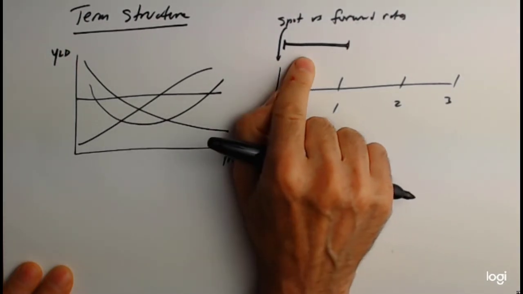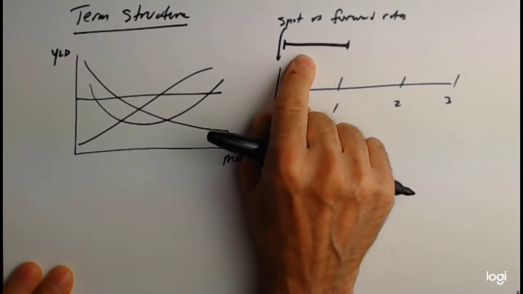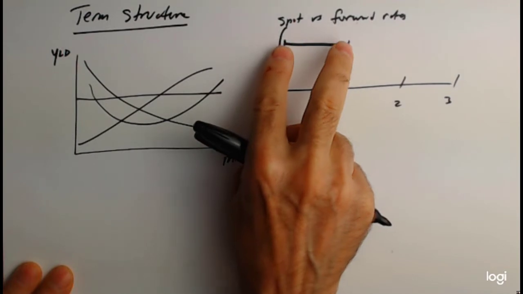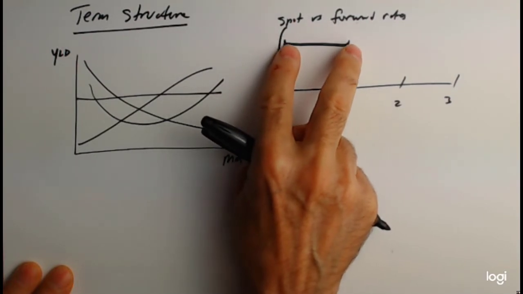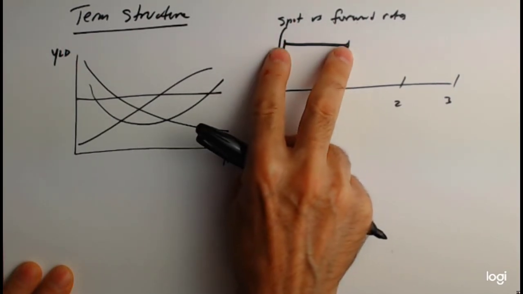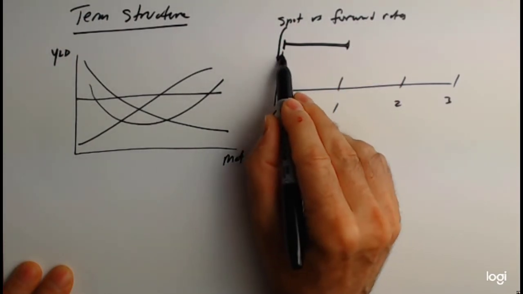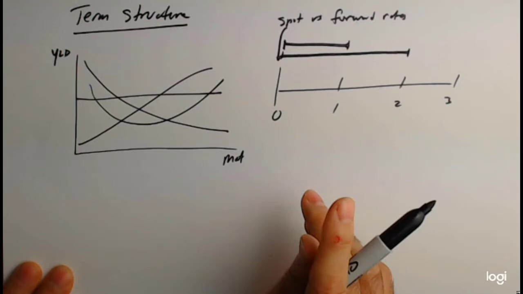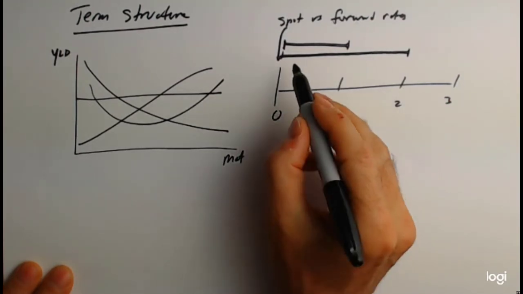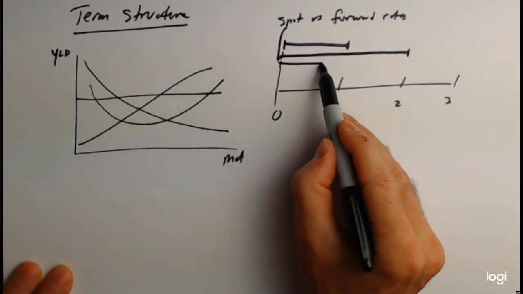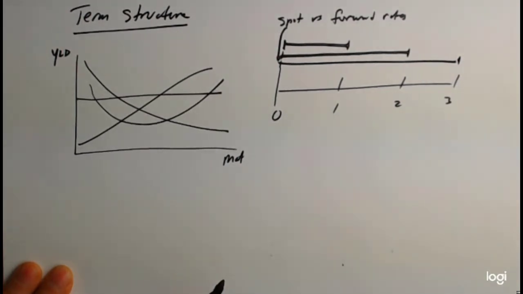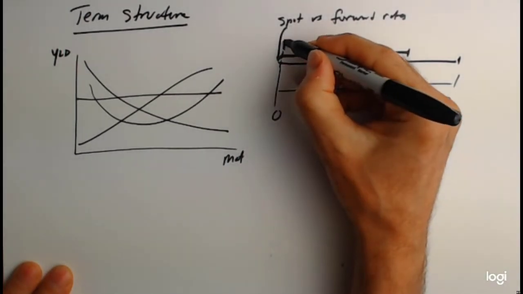If you went to a bank and looked at CD rates for 1 year, where you lock your money up in a certificate of deposit, that's a spot rate, and it covers this time period. You could also, at the same bank, get a 2-year CD, and that interest rate would be a 2-year spot rate, and you probably could get a 3-year CD, and that would cover 3 years. Those are all spot rates because they all begin right now.